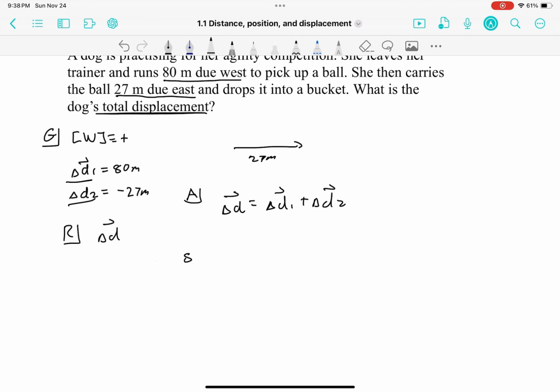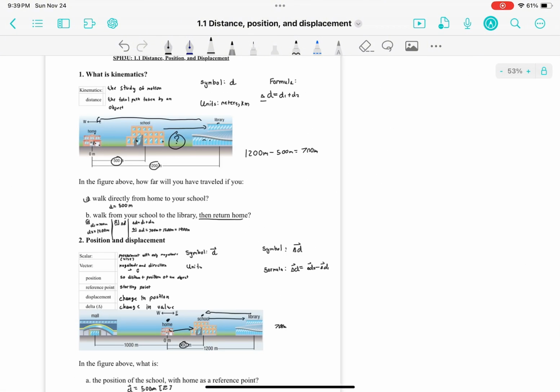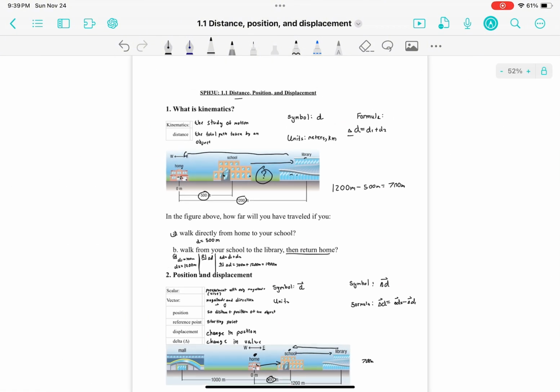So we can go straight into our solution, which will just be delta D vector is equal to 80 meters minus 27 meters, which is just equal to 53 meters. And that is basically all you need to do for questions with total displacement. That is our lesson on distance, position, and displacement.